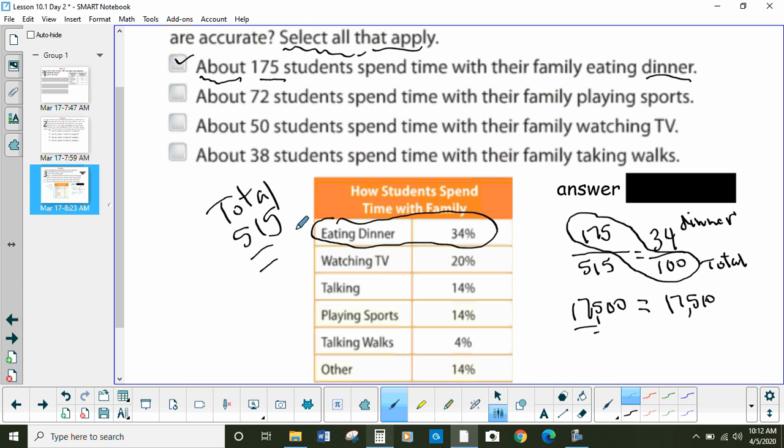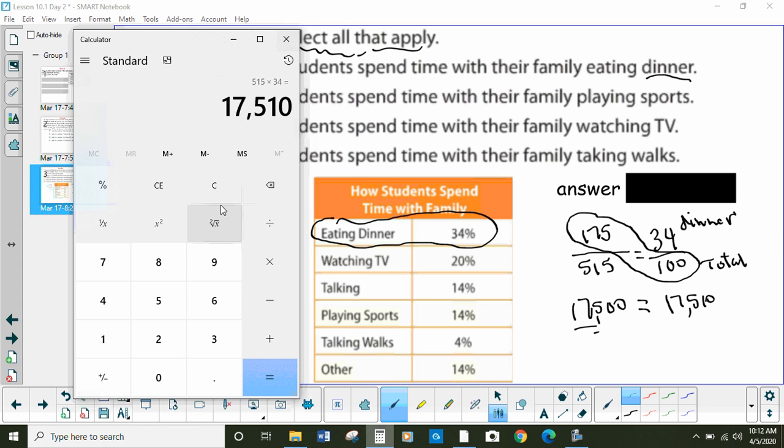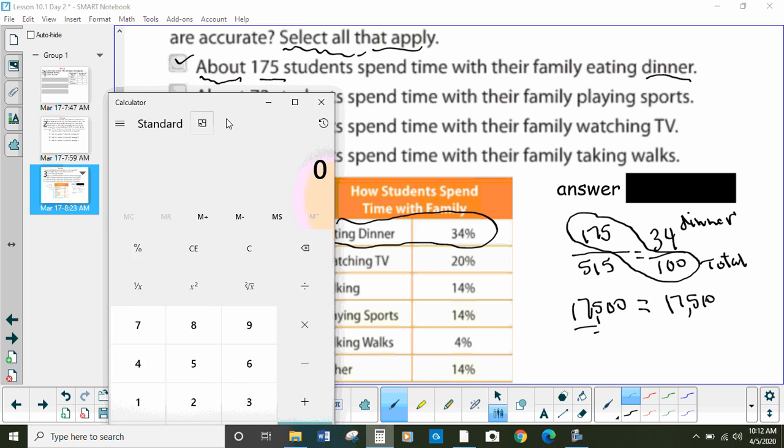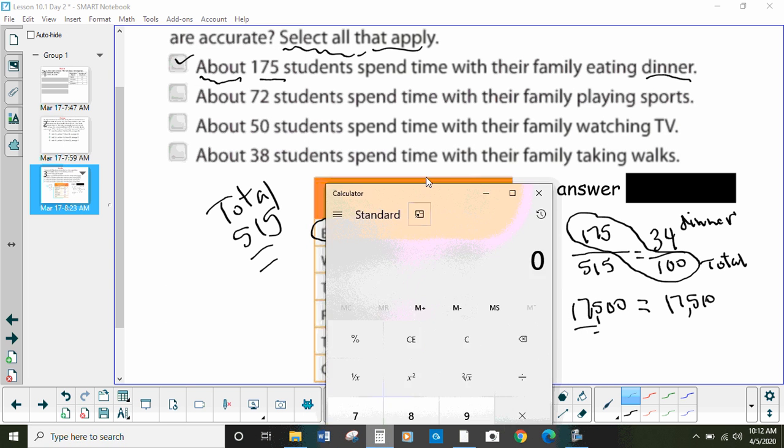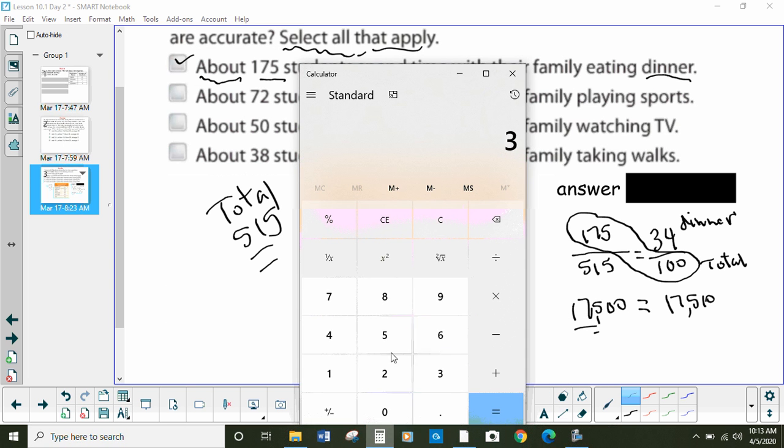Now, some of you are thinking, Mr. Carbajal, there's an easier way to do this. Yes, if they give you 34%, you could have converted 34 times 515, and you could have got that answer right there.